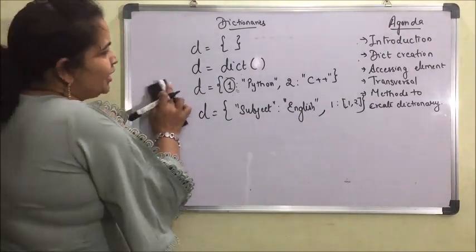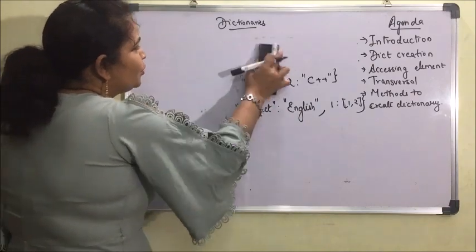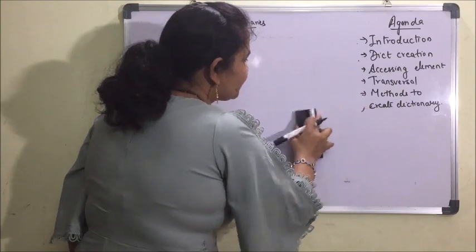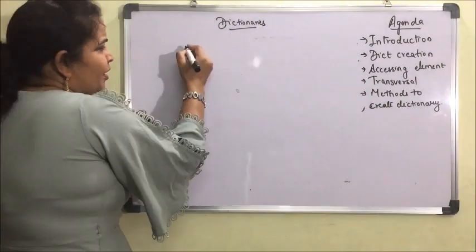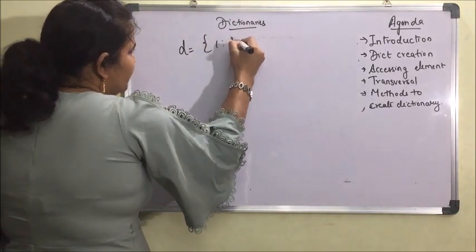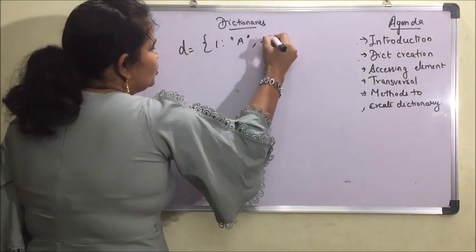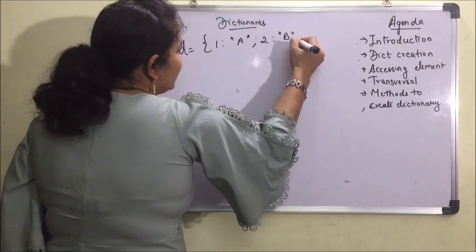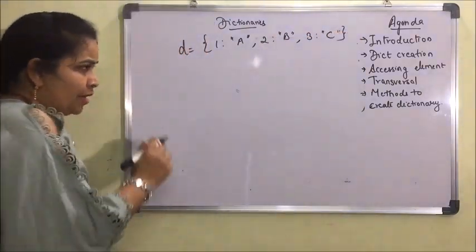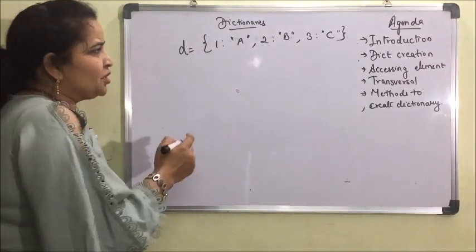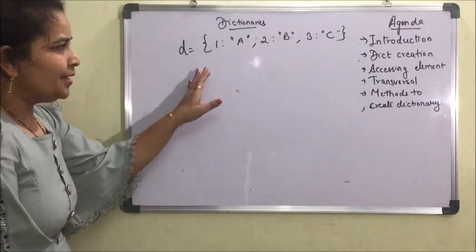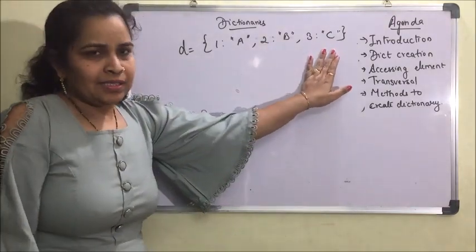Now after creating a dictionary, if we want to access an element of the dictionary, suppose our dictionary is 1A, 2B, 3C. It doesn't have any indexing system.